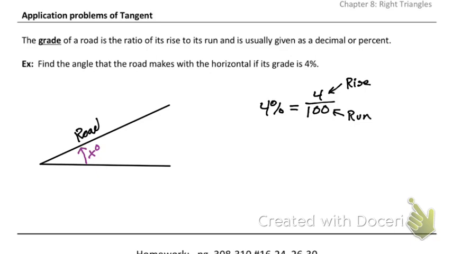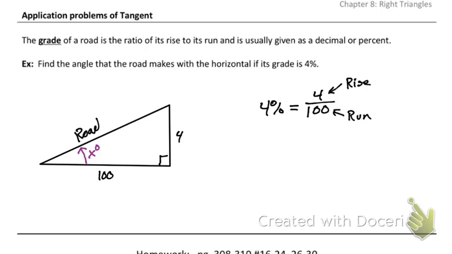That means I'm going to go ahead and complete this as a triangle, and I'm going to make it a right triangle. Remember, this is a ratio where for every 100, say, feet, you go up 4 feet. This isn't the actual distance of the road. Let's get that straight. This is just a ratio.